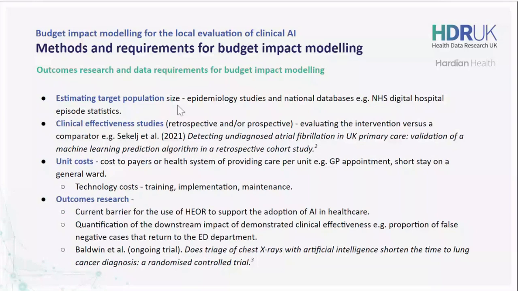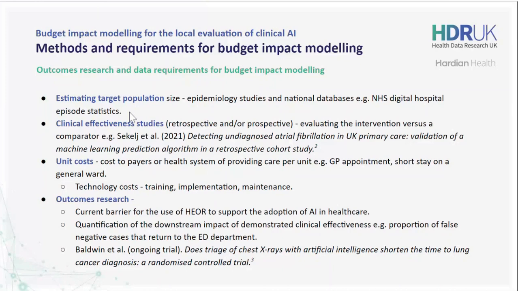So I just want to talk briefly about the type of data that's required in order to do the budget impact modelling. And this is probably one of the most important things. In terms of estimating your target population within the budget impact model, this is typically quite straightforward.